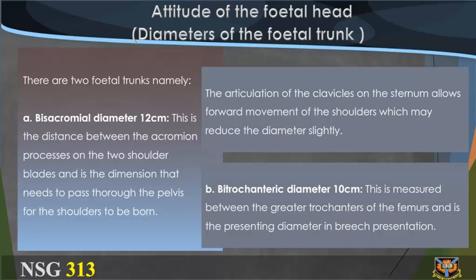The articulation of the clavicles on the sternum allows for movement of the shoulders, which may reduce the diameter slightly. B. Bitrochanteric diameter, 10 cm. This is measured between the greater trochanters of the femurs and is the presenting diameter in breech presentation.